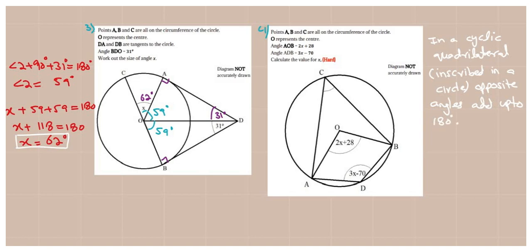So this is the property. Okay, in a cyclic quadrilateral which is inscribed in a circle, opposite angles add up to 180.